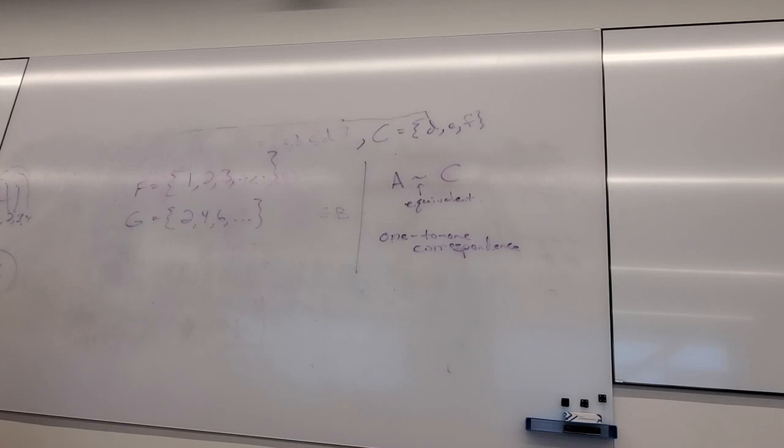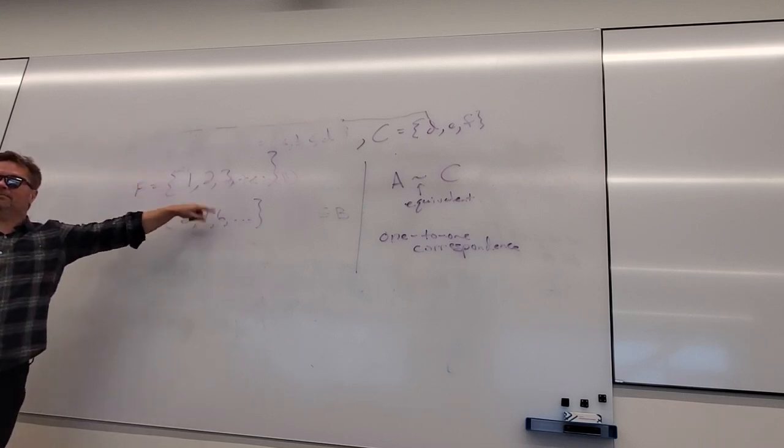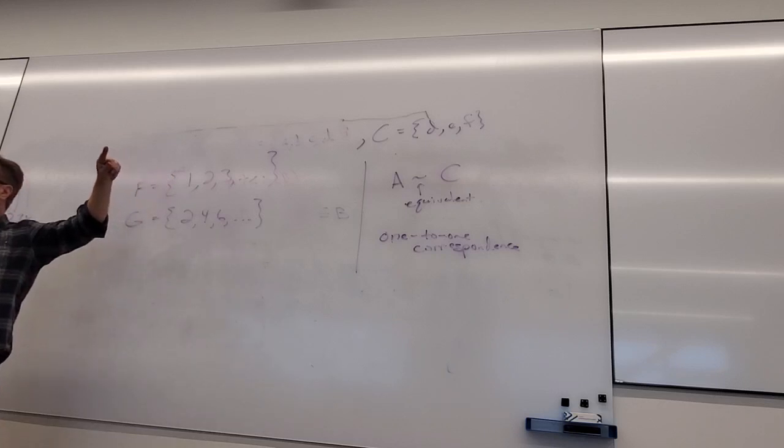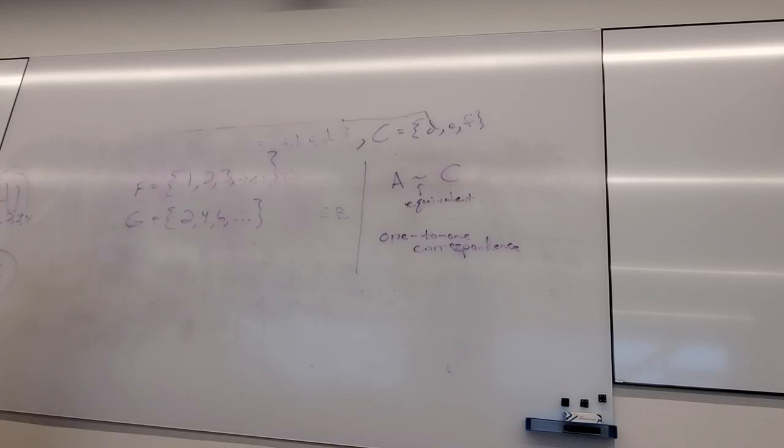Can anyone tell me which one's bigger? The same length. I would understand if you said F was bigger, because doesn't F have all of this in it plus other things? But if I can find a one-to-one correspondence, doesn't that mean they're the same size?